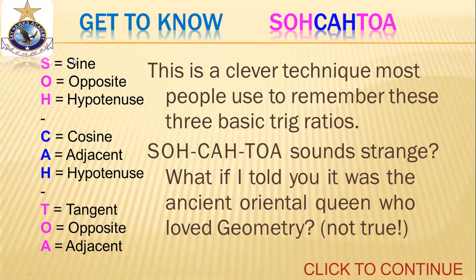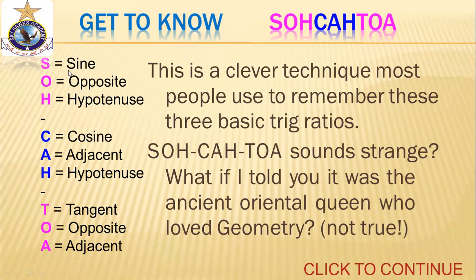SOH is talking about the first ratio. When you keep this in mind, SOH CAH TOA, that will become sine opposite hypotenuse, cosine adjacent hypotenuse, tangent opposite adjacent.